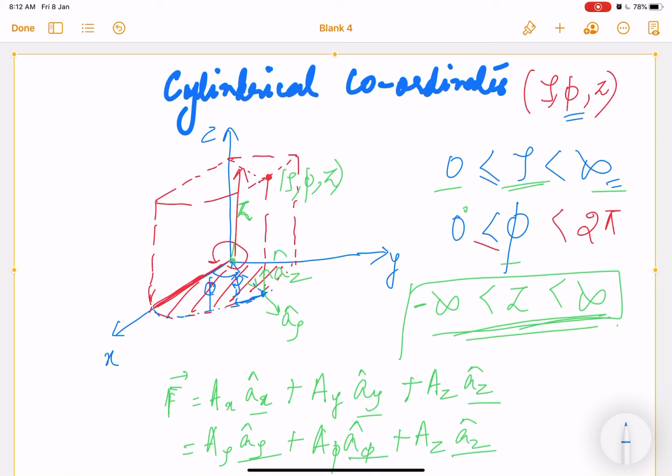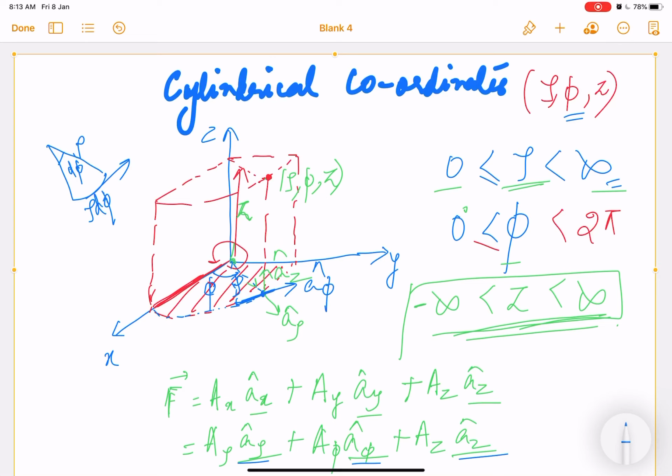So I will take the tangent to this, and I'll say it's a phi cap. As you have seen in a circular sector, this is rho, this is suppose d phi, then this is rho d phi. So basically I'm moving in this direction. This is what I've defined over here, a phi cap, and these three are obviously perpendicular to each other. That is a rho cap, a phi cap, and a z cap.